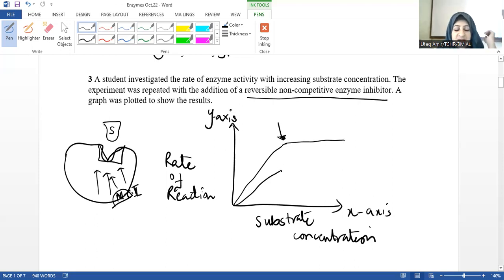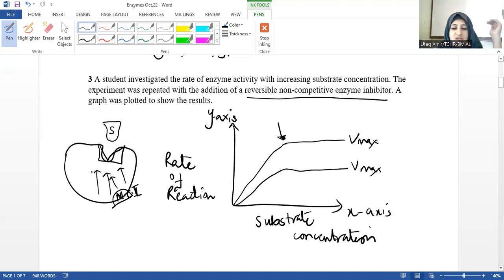Without the inhibitor, that was the Vmax, but with the inhibitor this Vmax is now lower, because the rate of reaction could not approach the maximum rate. The substrate is unable to attach to the enzyme, so no more products are being formed.